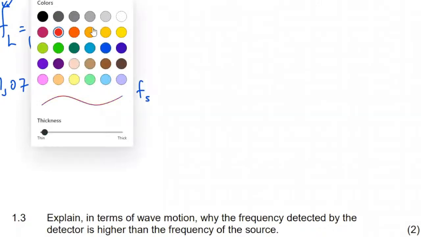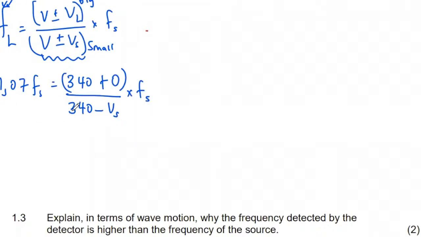I cannot have two unknowns. If a scenario like that arises, then I'll be having simultaneous equations. But in this case, since the information given does not lead to that, I'll cancel this and this, dividing both sides by the frequency of the source, since it's present on either side. Then I will cross multiply, so I can make that over 1.